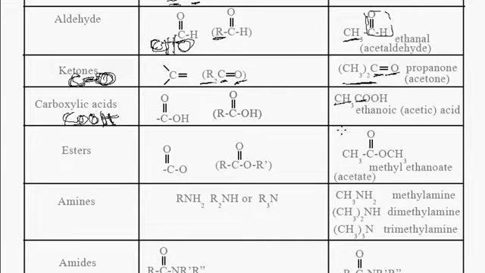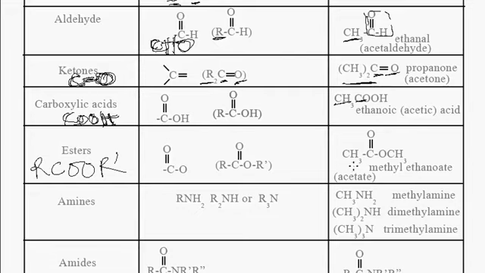So this is an ethanoic acid. So we have the esters too. The esters are characterized by RCOOR. A typical example of an ester is methyl ethanoate.